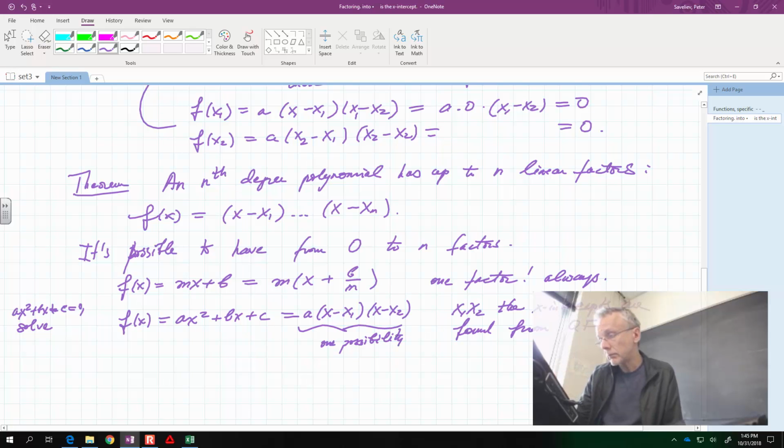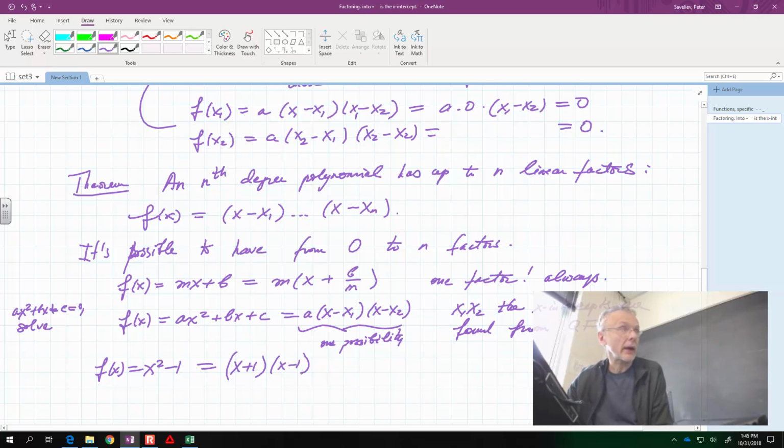Let me be specific. x squared minus 1, suppose this is our function. How do we factor x squared minus 1? x plus 1 times x minus 1, which gives me, reading off what I'm looking at, that the x-intercepts are plus or minus 1.